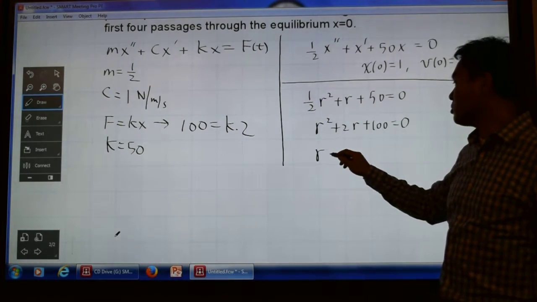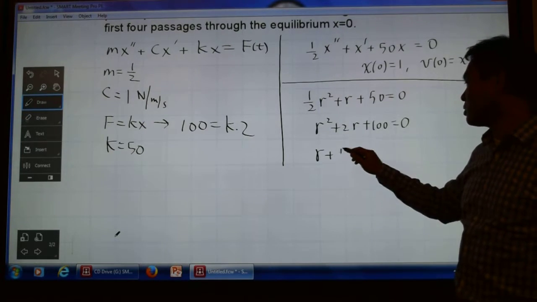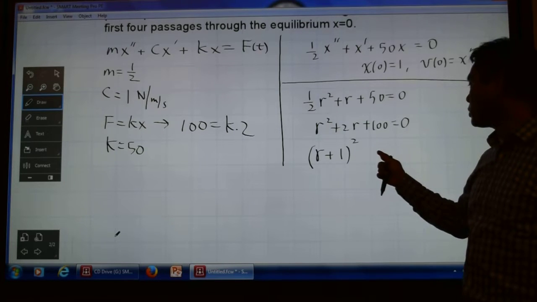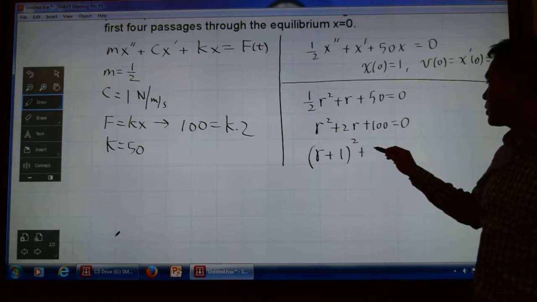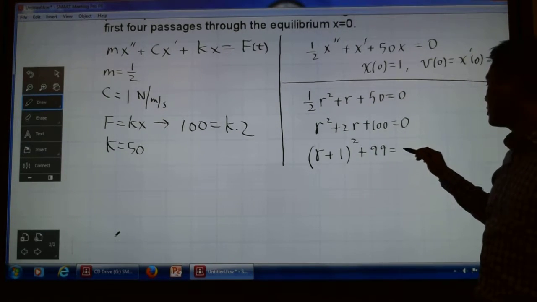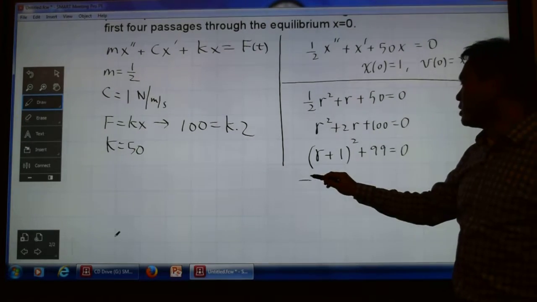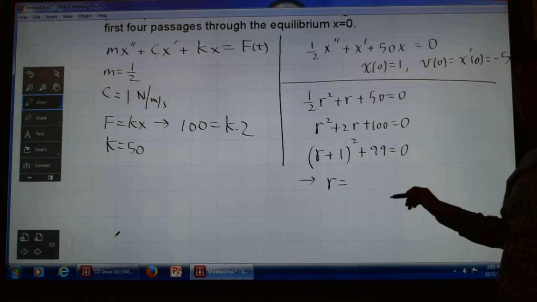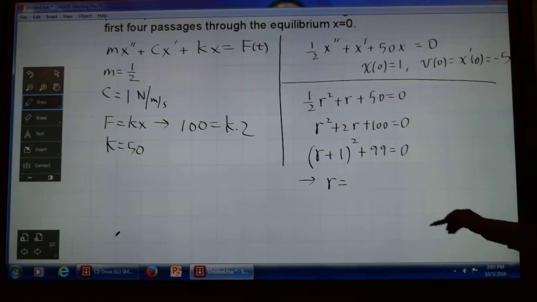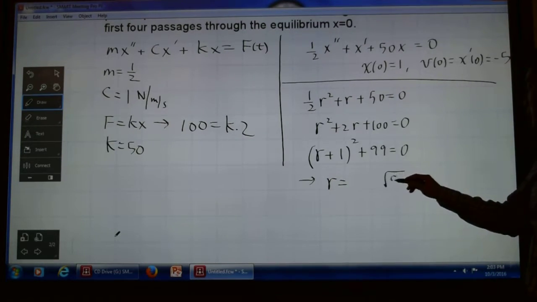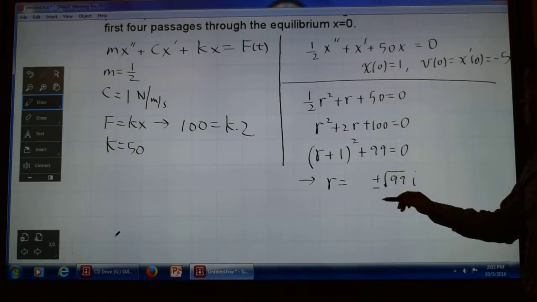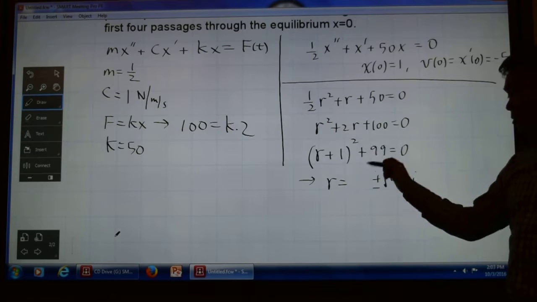So you take half of 2, which is 1, r plus 1 squared. 1 squared is 1. 1 plus what gives you 100? 99. So that means your r value will be, you subtract 99 to the other side, taking the square root of 99 gives you square root of 99 i, and then plus or minus. And when this goes to the other side, it's negative 1.